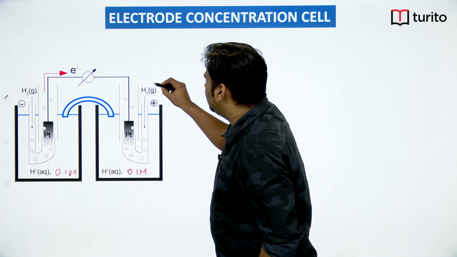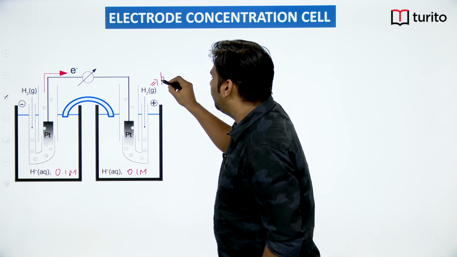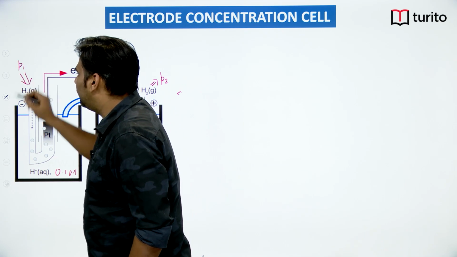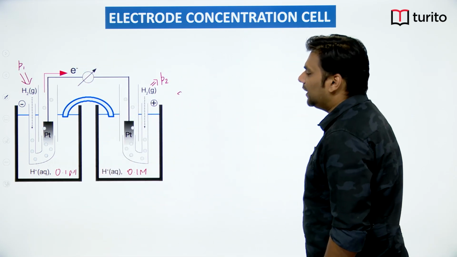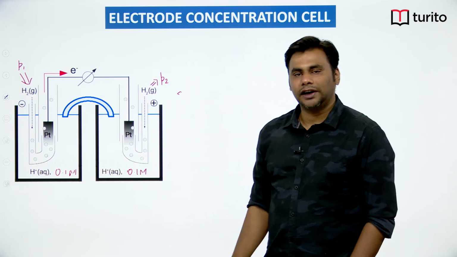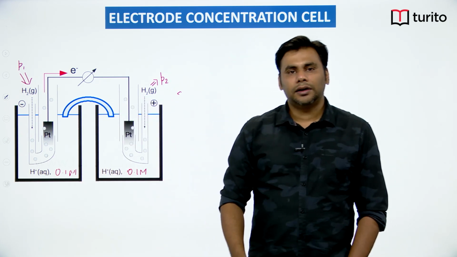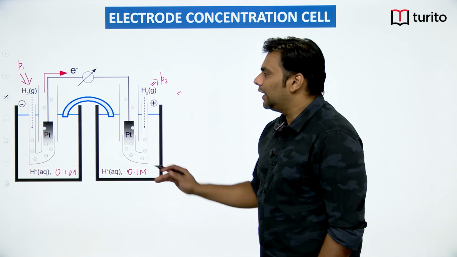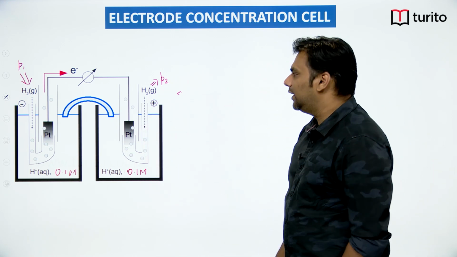So say hydrogen has a pressure of P2 atm over here, and hydrogen is bubbled in with a pressure of P1 atm. So we can see that the concentration of the electrolytes is the same, but the activity of the electrode or the gas is different. Again, we will write the standard equations.